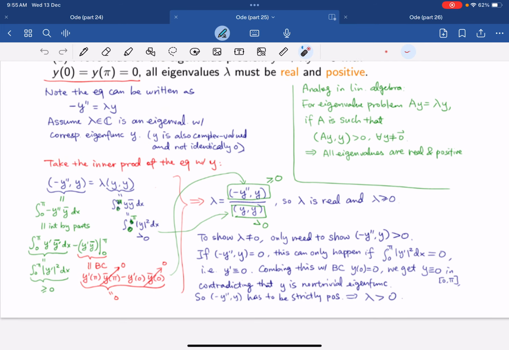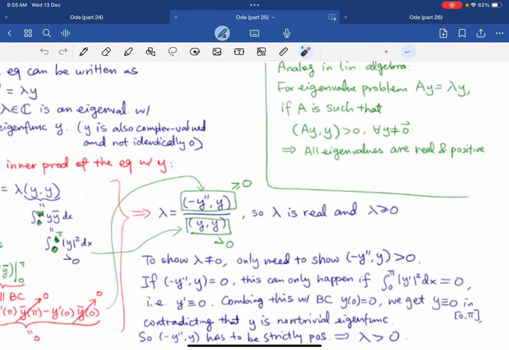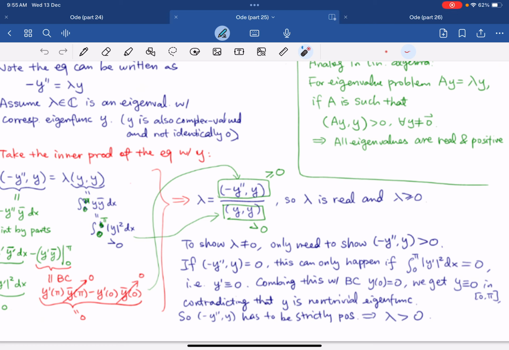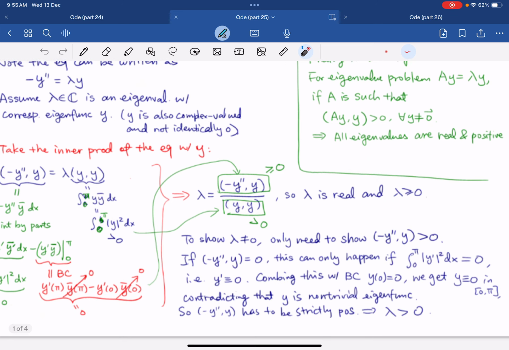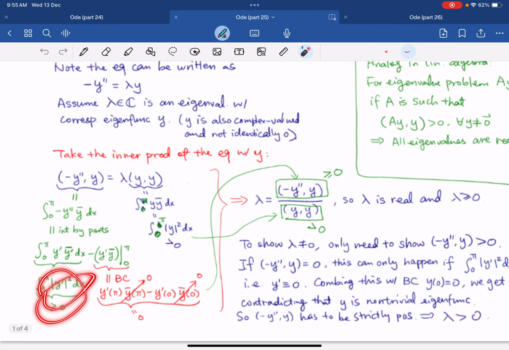Now we just need to show that lambda cannot be 0, and to do so, we say that if this is 0, then this portion must be 0. If the numerator inner product is 0, then because the numerator inner product is just this, for this to be 0, it must mean that y prime equals 0.